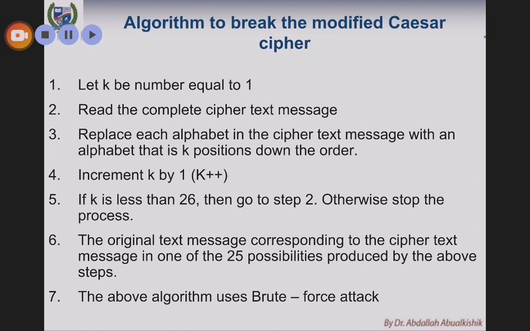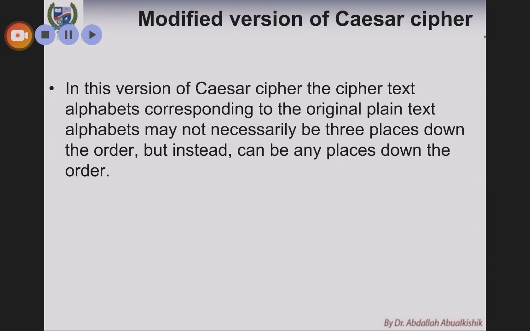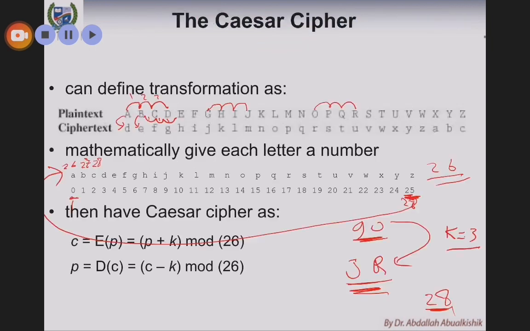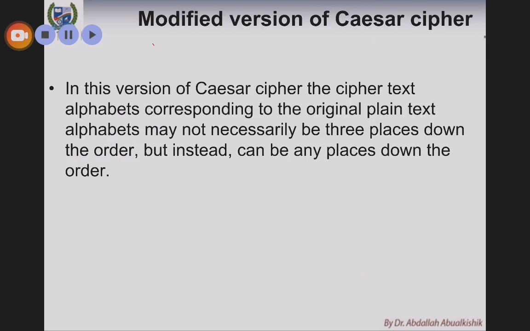This is the algorithm used to break the Caesar algorithm. In the original Caesar algorithm, the key is equal to 3. After that, they modified the version of Caesar and made the key equal to i, which means the key could be 4, 5, 6, any number between 1 and 26.